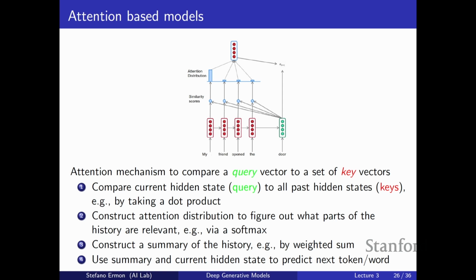For example, in this simplified version of an attention mechanism, you could take an average of the hidden vectors that you've seen before in your RNN, and you weigh them with the attention distribution scores that you have. You average them, and you get a new vector that you then combine with the current vector to make a prediction for the next token.